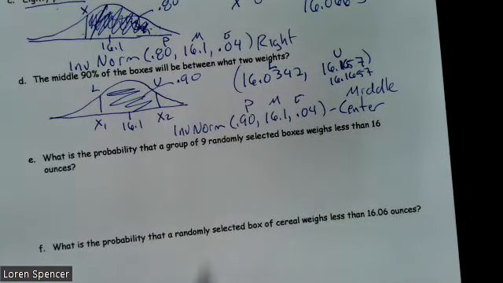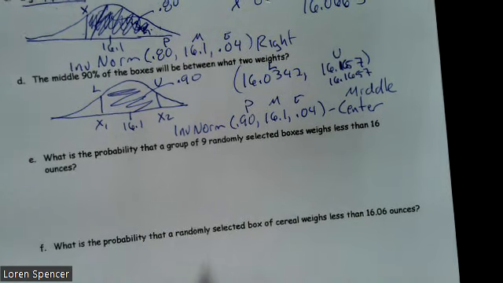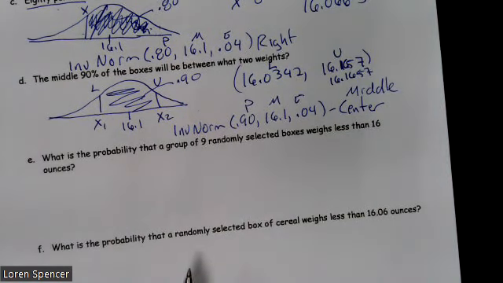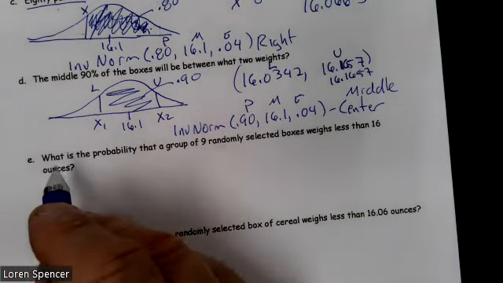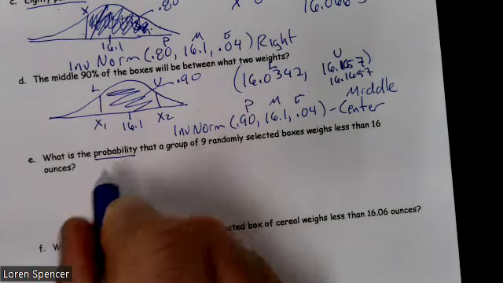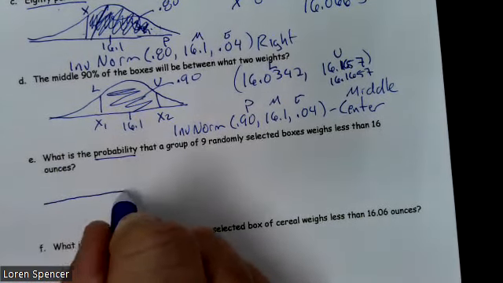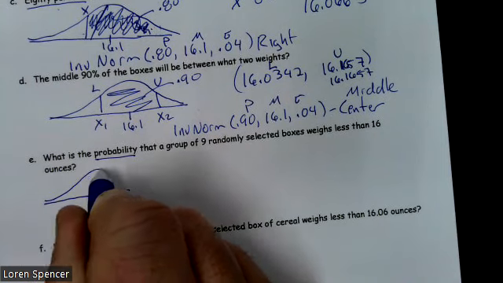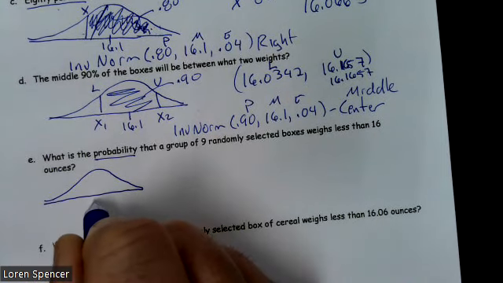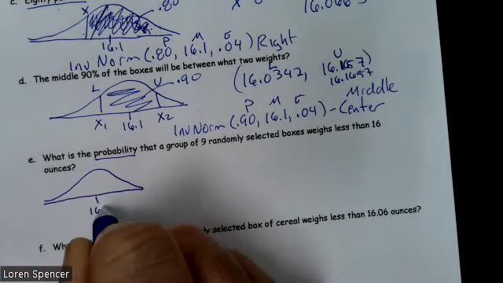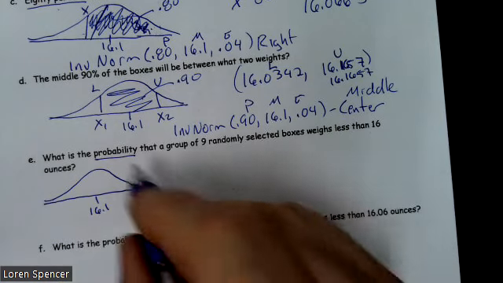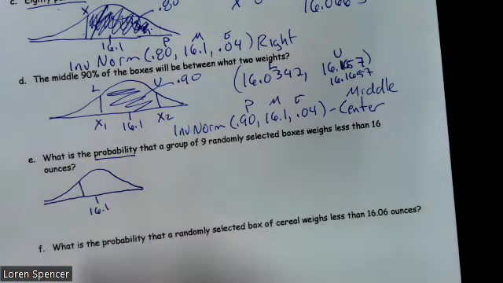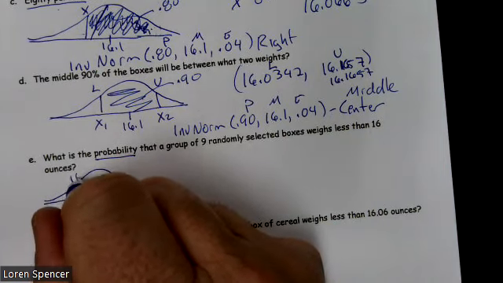E, what is the probability that a group of 9 randomly selected boxes weighs less than 16 ounces? All right, so they're asking to find the probability, so that means I'm not working with an inverse norm. They didn't give me the percent. Well, we know the mean is 16.1, and we want it to be less than 16 ounces.